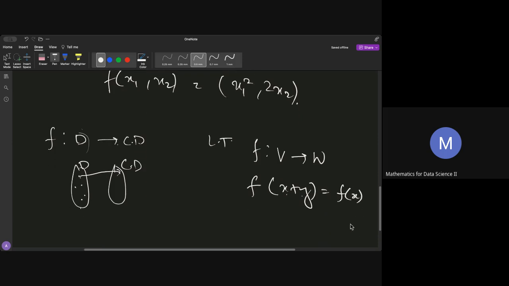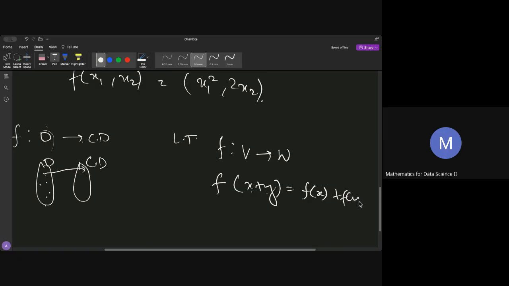So first it should be a function, and second, f(x plus y) equals f(x) plus f(y), and f(cx) equals c f(x). Here the plus is the vector addition in each respective vector space.